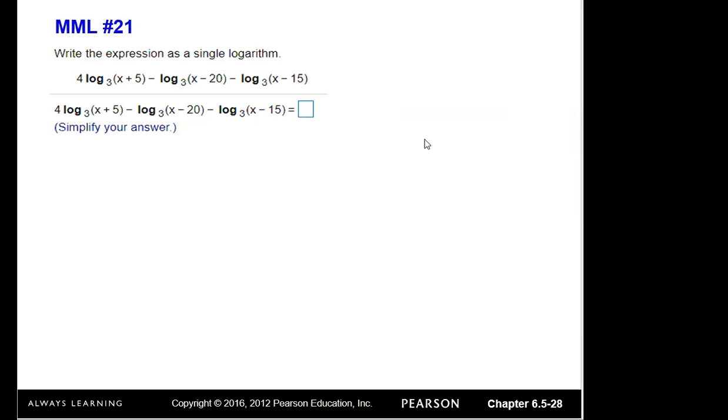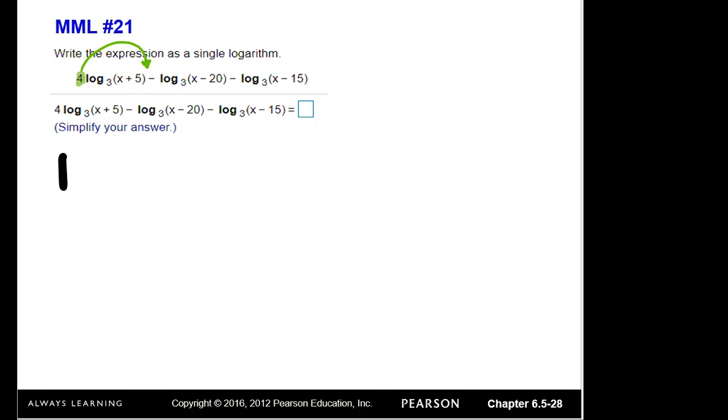All right, so they want you to write the expression as a single logarithm. The first thing you're going to do is take any coefficients, which this is a 4, and that's the only one, and move it back up to its exponent position.